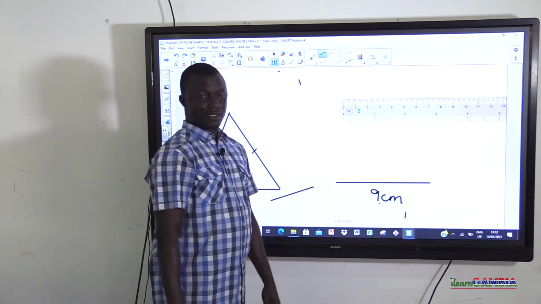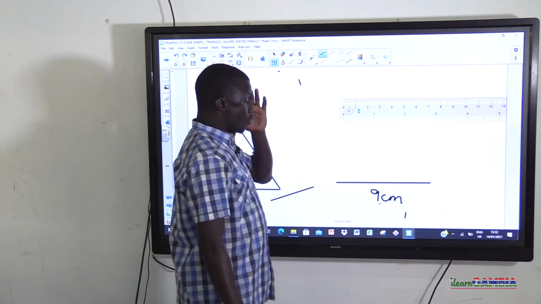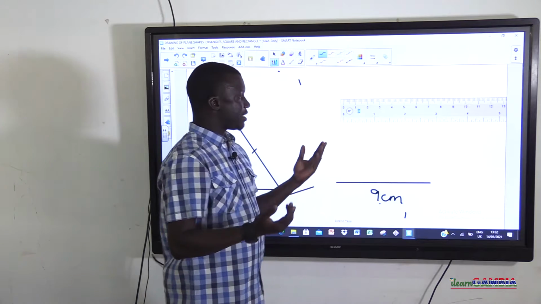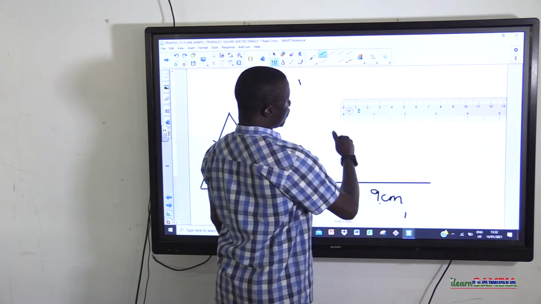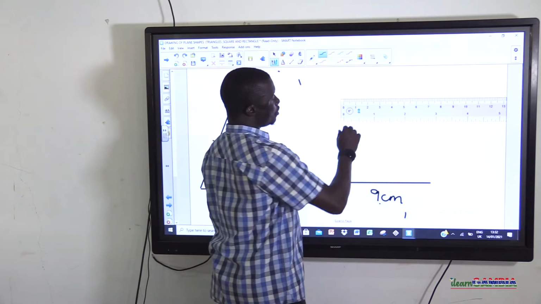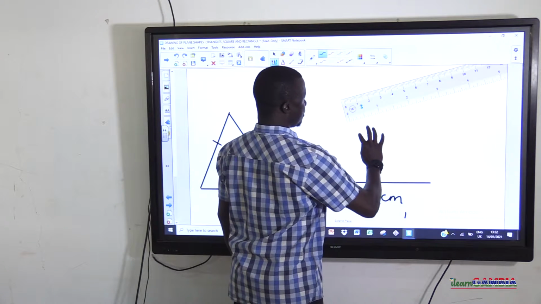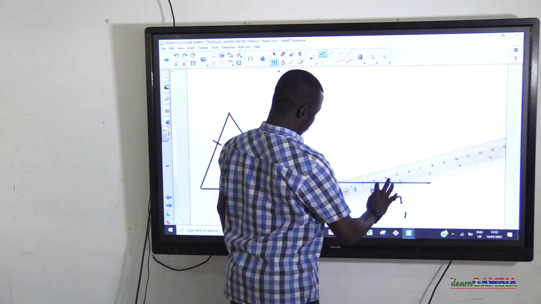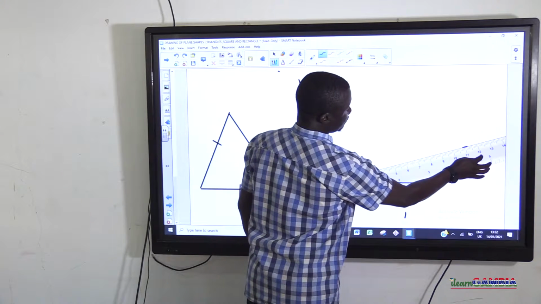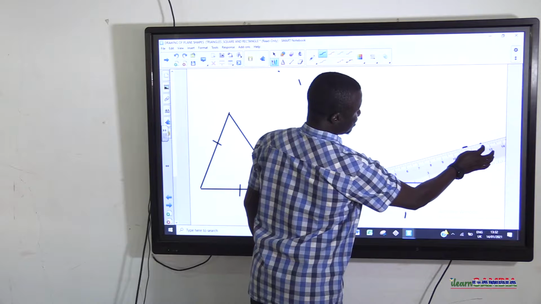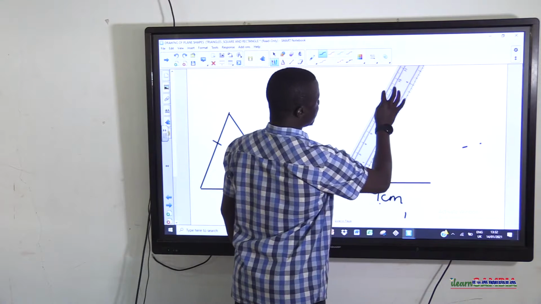And the 2 equal sides, let's say, must be equal to 10 centimeters, if you want. The 2 sides, we say shall be 10.